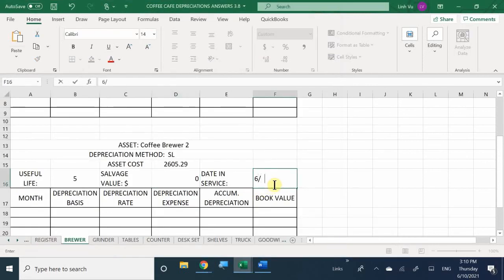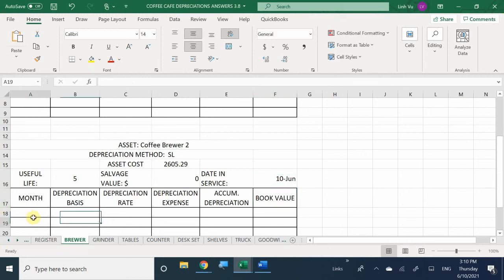So if I placed it into service on June 10th, when do I actually depreciate it? On June 30th.